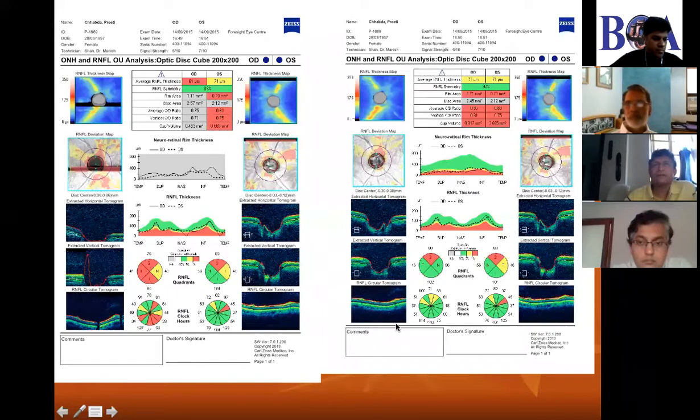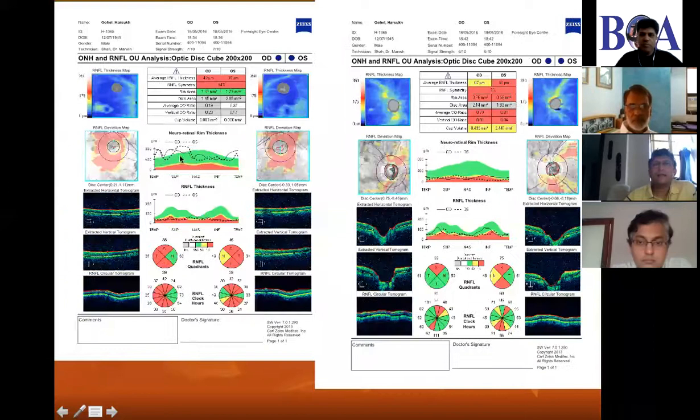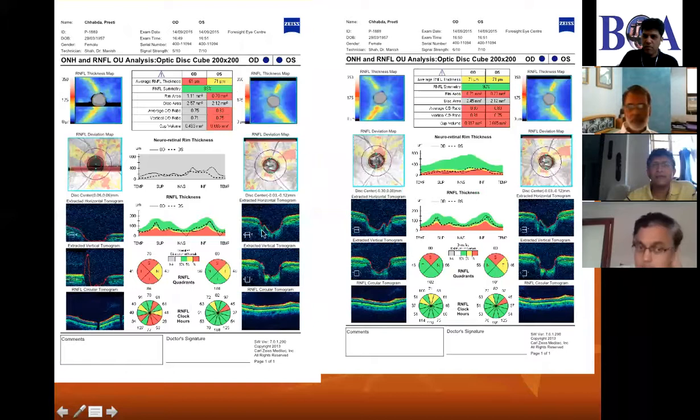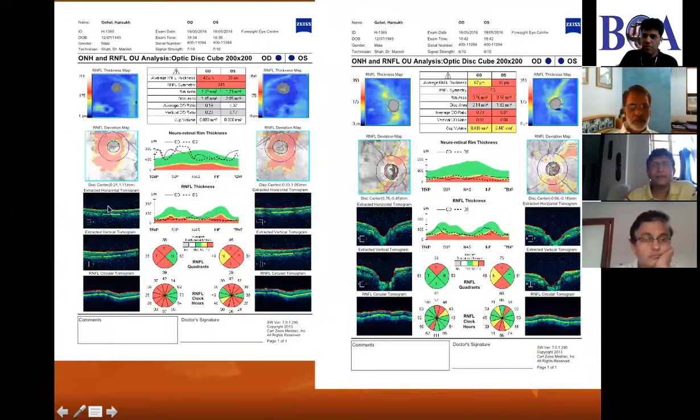This is another example where the technician has taken the image, and here it is total guesswork because you look at the segmentation pictures. The only thing you see is that in these two pictures you should be seeing the optic disc, which looks like this one in the earlier picture. You see the optic disc, but in this you don't see the optic disc. It just looks like retina.